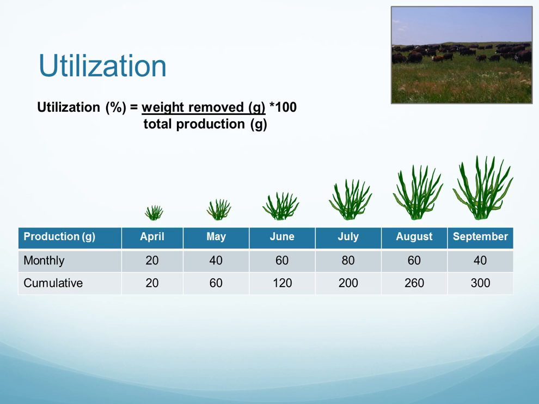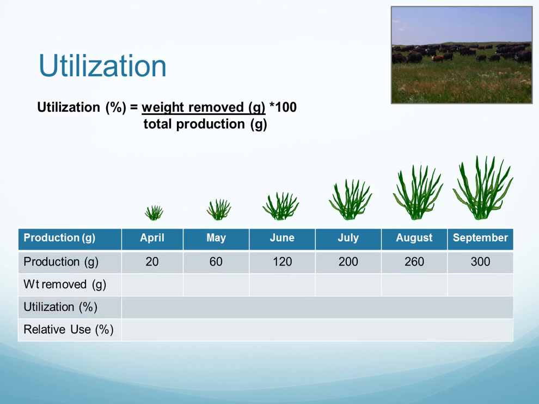If you examine the row with the monthly production estimates, growth increases as we go through the growing season, peaking in July, but we still have substantial growth in August and September. We can see the cumulative production over time in this table.